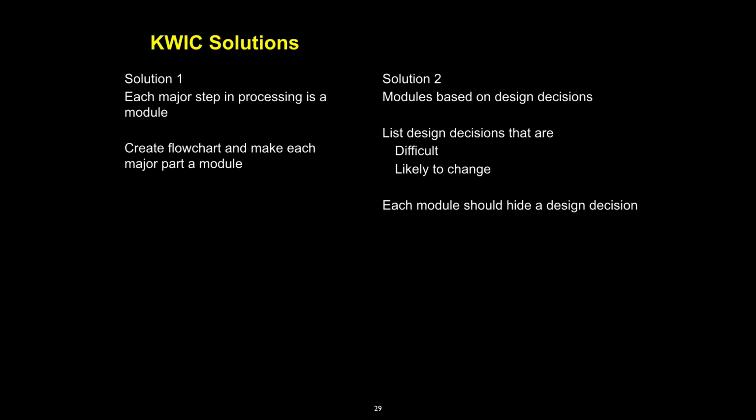And so they decide, okay, each module should hide some design decision, right? And then code it up in the language of time. And the paper said, yeah, look, solution one is more complex, it's harder to understand, and it's harder to modify.